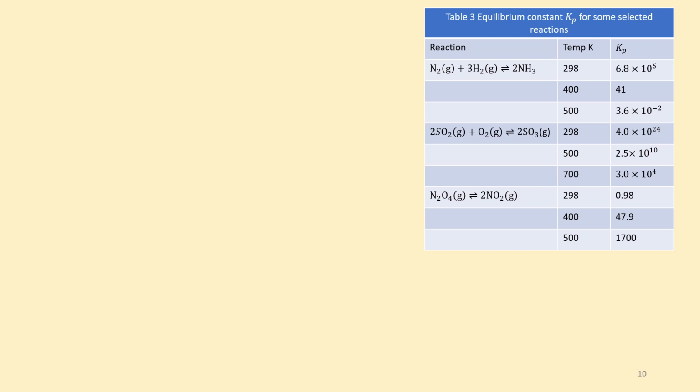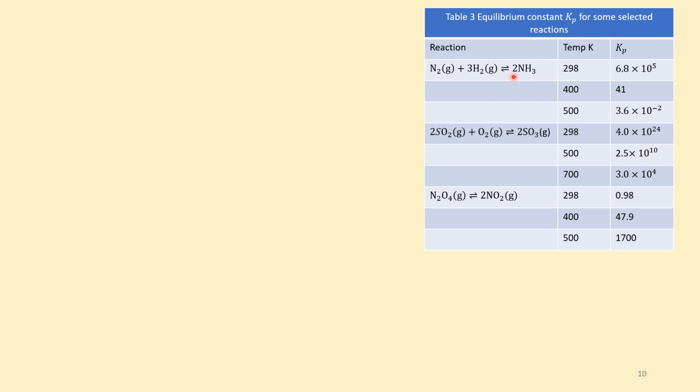Table number 3 shows the equilibrium constant Kp for some selected reactions. For example, the first reaction is N2 plus 3H2, both in gaseous state, combining to form 2NH3, which is the product. So this reaction is an equilibrium reaction, and both forward and reverse reactions are possible.